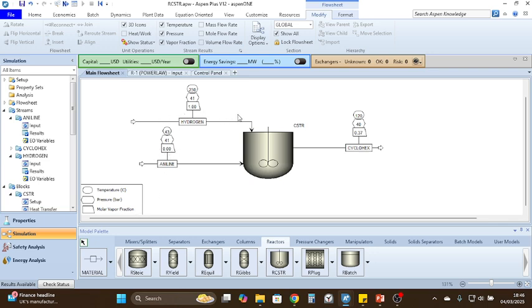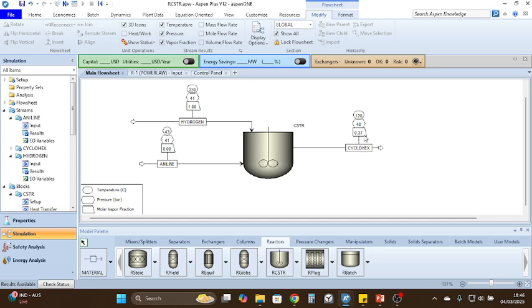Hydrogen is coming in a vapor phase, that is 1. And this is a mixed stream where 0.3% of it is in vapor, while the remaining is in liquid form. So approximately 0.37 is vapor.